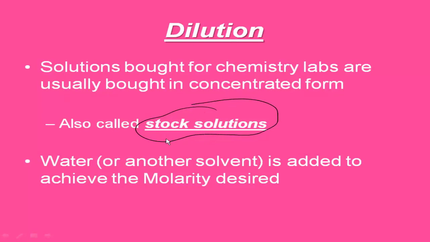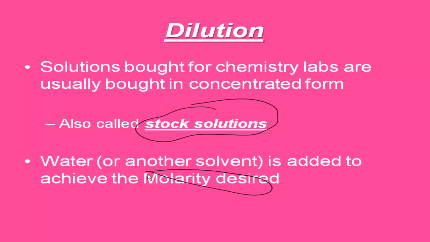So we dilute it in order to make the molarity that we want. We get our desired concentration from it. That way we can keep what we want and get rid of what we want, and we're not having storage issues and that kind of thing.